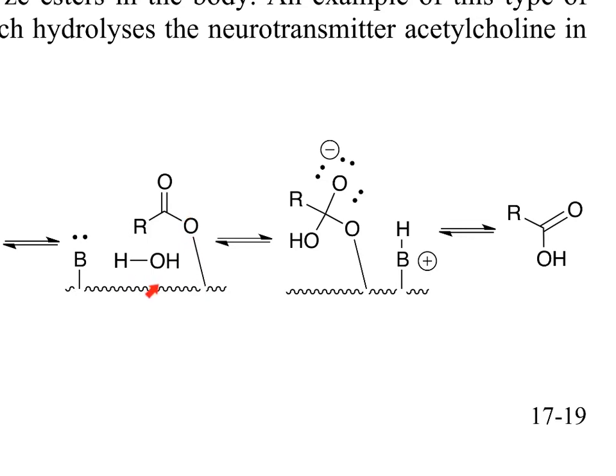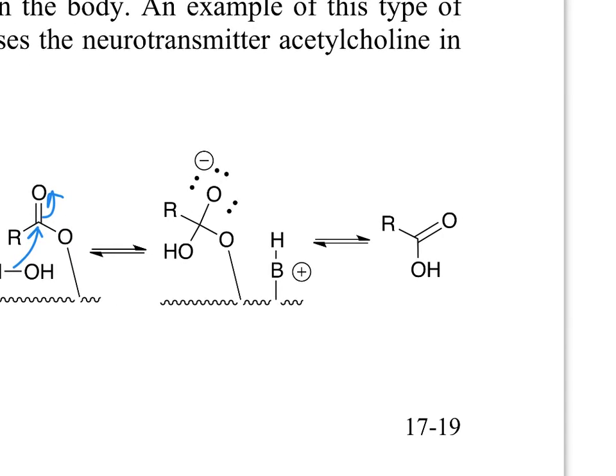Our R group is actually the enzyme, and this isn't going to stick around very long because in a sense we've got our substrate bound to the enzyme, and our enzyme now is going to be the leaving group. So what we need to do is add OH to this, and so a basic functional group will abstract a hydrogen from water. That will allow it to add to the carbon of the carbonyl.